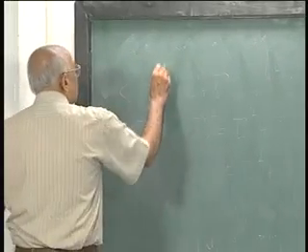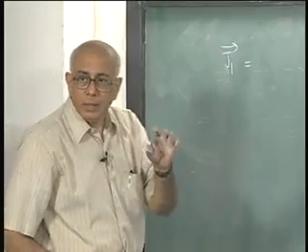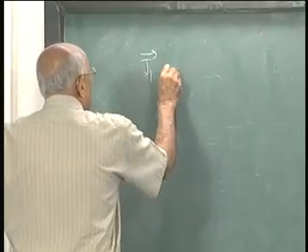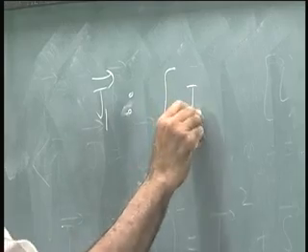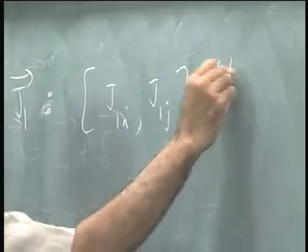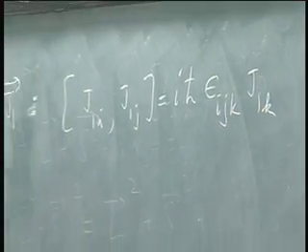So what is my problem? I start with an angular momentum J1, which has components J1x, J1y, J1z, and this satisfies the commutation relations [J1i, J1j] equals i h cross epsilon ijk J1k, where i, j, k are the Cartesian components.